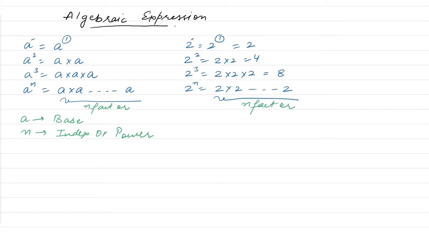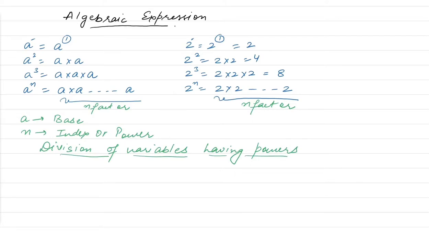Let's do the division of the variables having powers. So division: when there is a division sign between the variables, how can we solve the questions? First of all, let's learn about division.